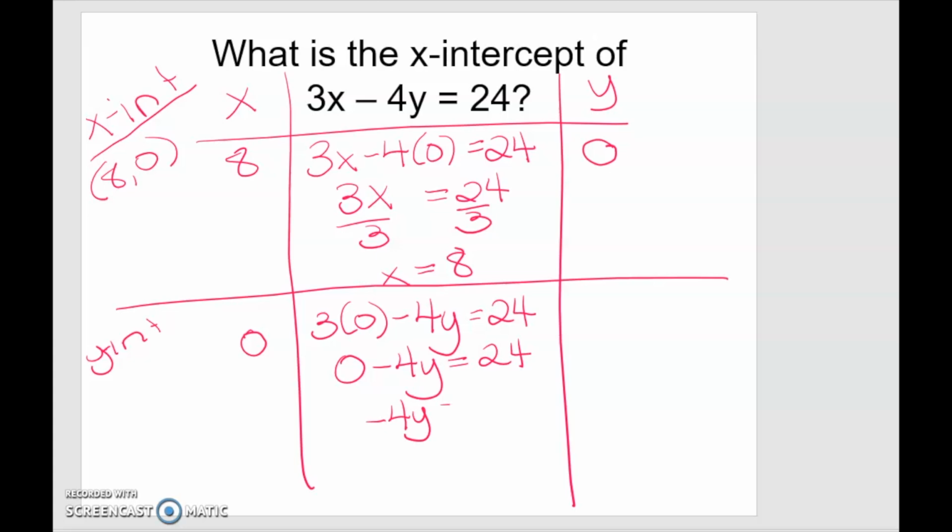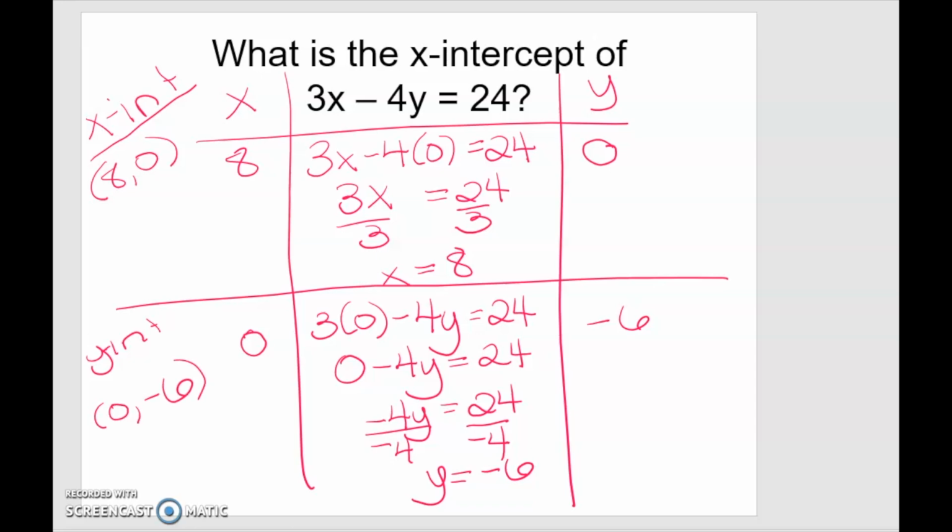Negative 4y equals 24. Divide by negative 4, y equals negative 6. So I'm going to graph the point (0, -6).